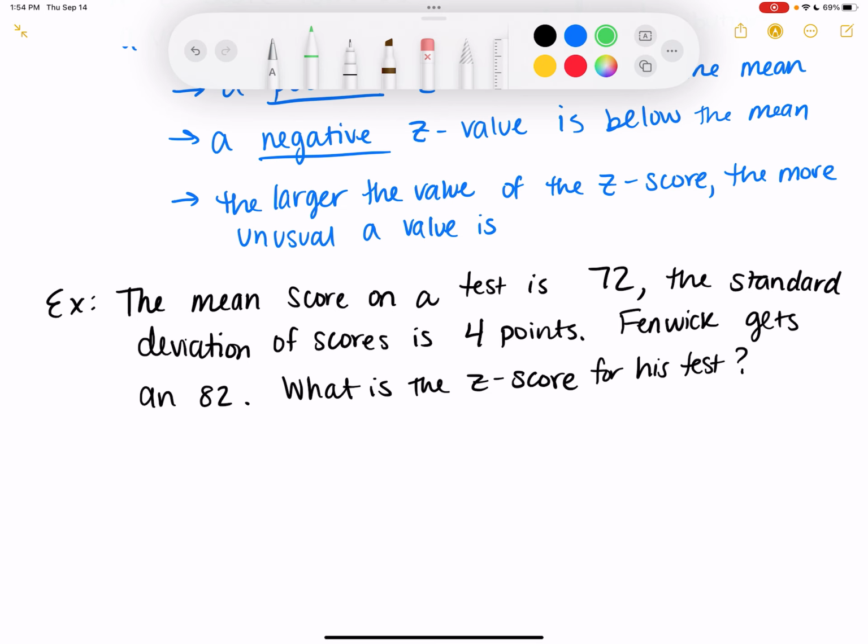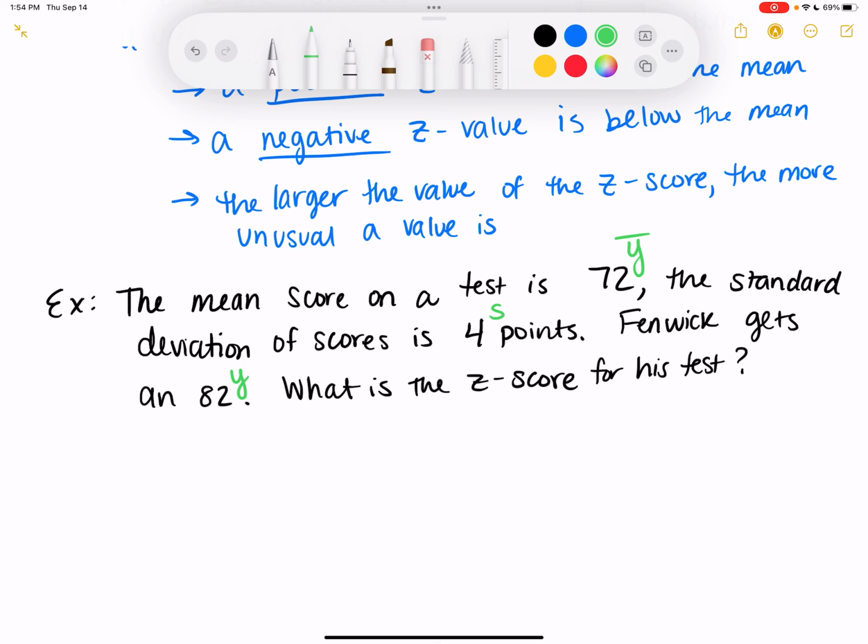So, a mean score of 72. That is y bar. Okay, the variable with the bar over it is the mean. The standard deviation of 4 is s. Fenwick gets an 82, so that's the actual value, so that's y.